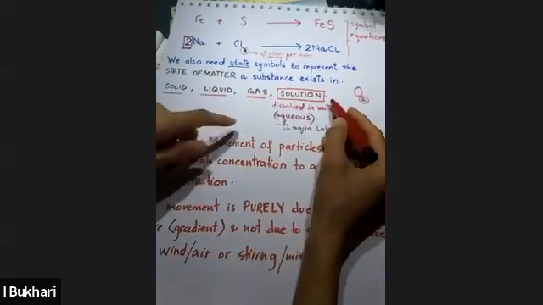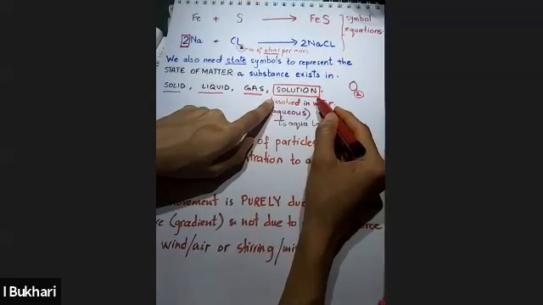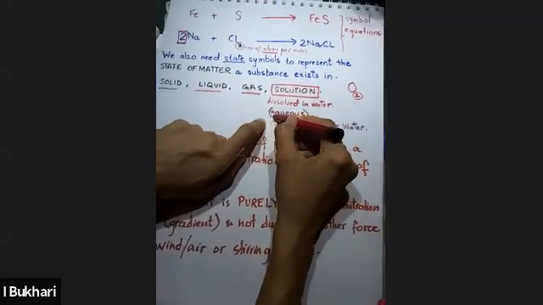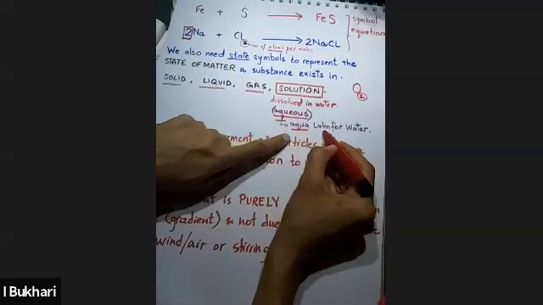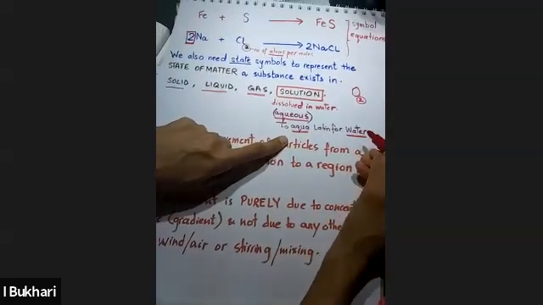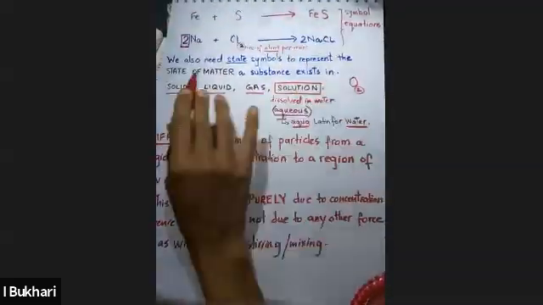And then we also have some substances which are dissolved in water, those which are soluble in water. For them, we use the term aqueous, from aqua, which is Latin for water. So these are the 4 states.